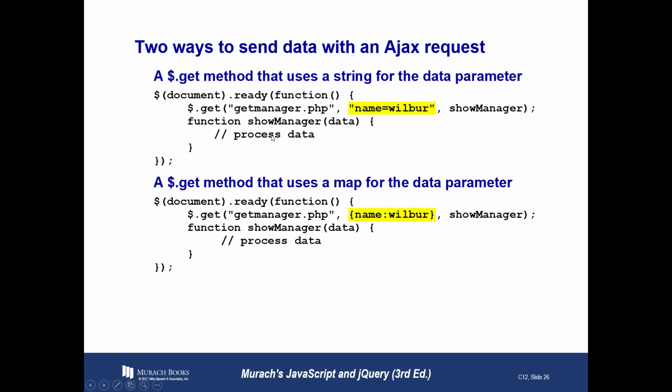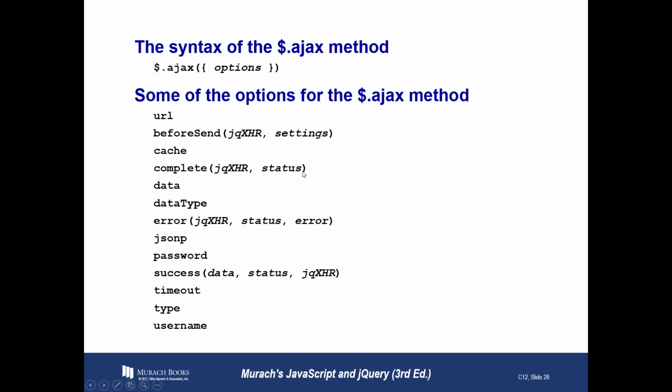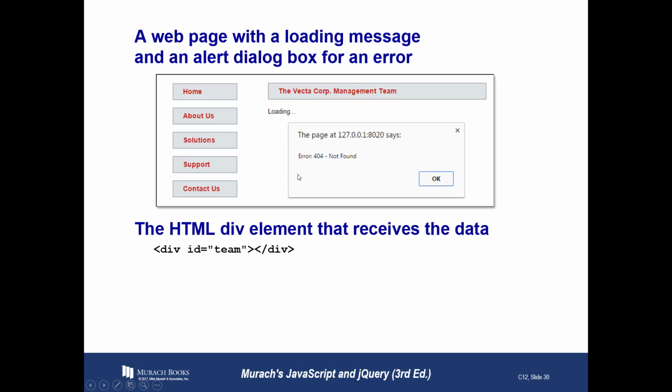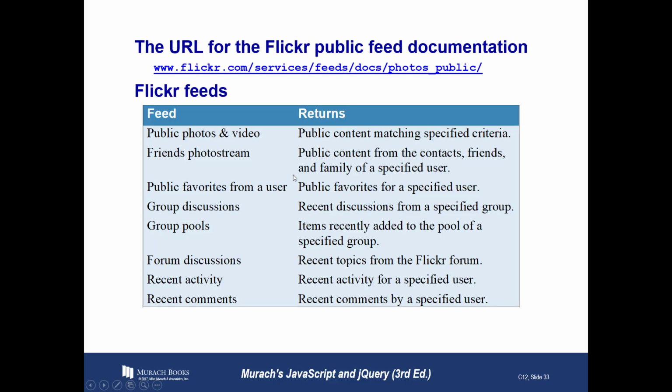Notice the difference. A .get method that uses a string, and notice it's all in double quotes, and a method that uses a map, and again, that's more JSON-like. Again, I'm not going through any of this. We're probably just about done with the chapter.